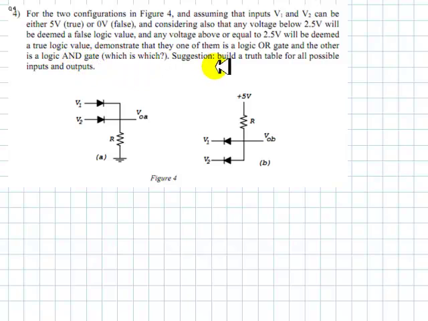Which one is which? Suggestion: build a truth table for all possible inputs and outputs. That is what I'm going to do.